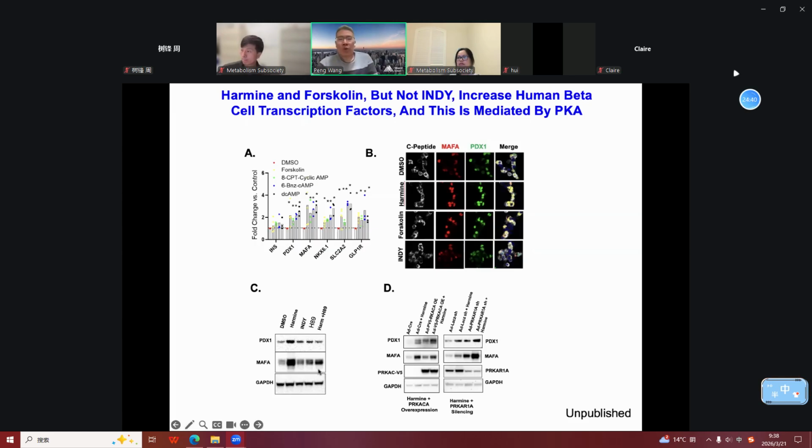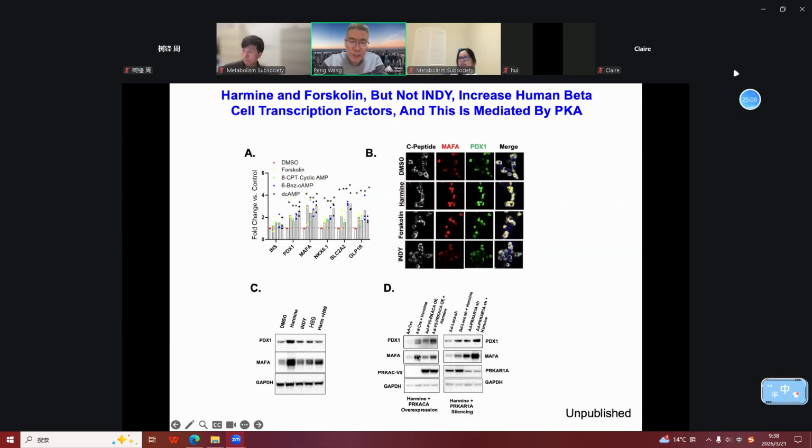So next, we want to genetically test this pathway. We made the constitutively active PKA virus, and we also made the virus to silence PRKAR1A, as I mentioned earlier. As you can see here, when we overactivate PKA, we do see more PDX1 gene expression and more MAFA gene expression.